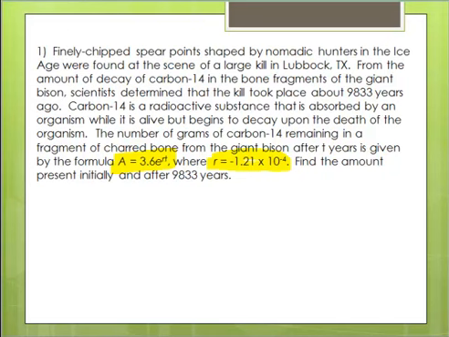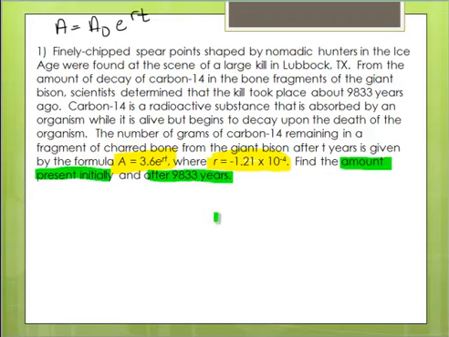I want you to recall the formula on the previous page. A equals A sub 0 e to the RT. Compare this to the one they just gave us. And then look at the question. Find the amount present initially and after this much time. So we're looking for two different amounts.